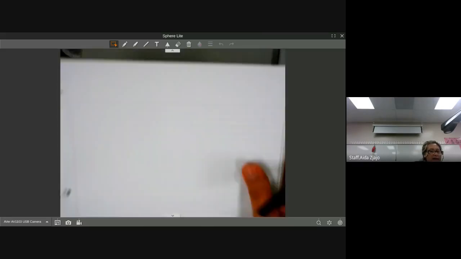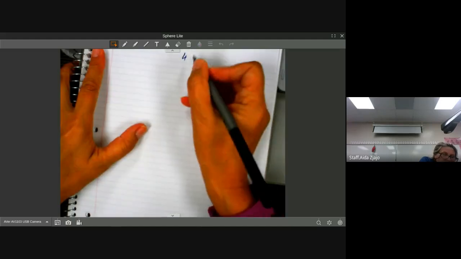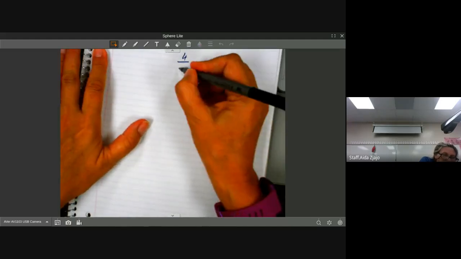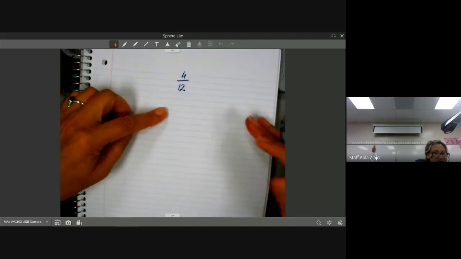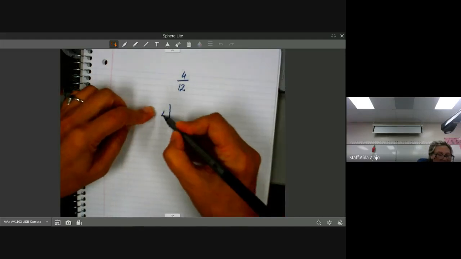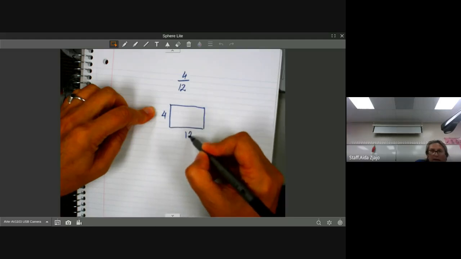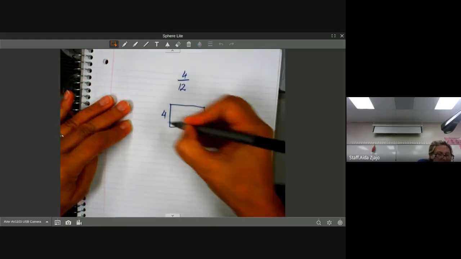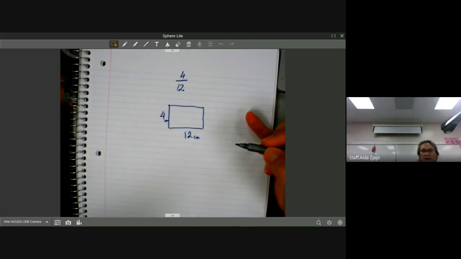If I have a rectangle that is 4 by 12, in centimeters, then I would like to find similar rectangles.